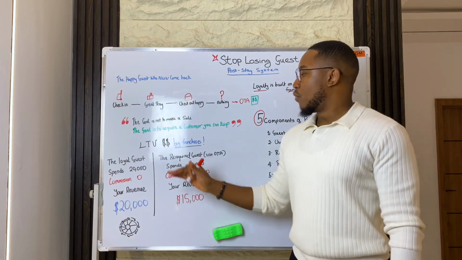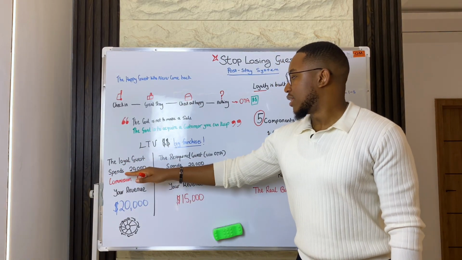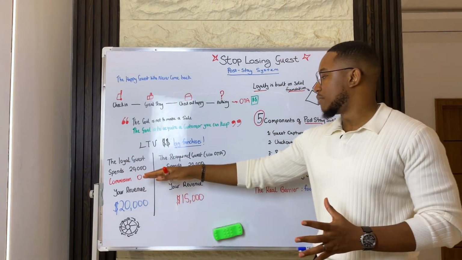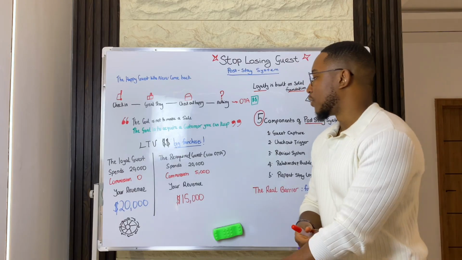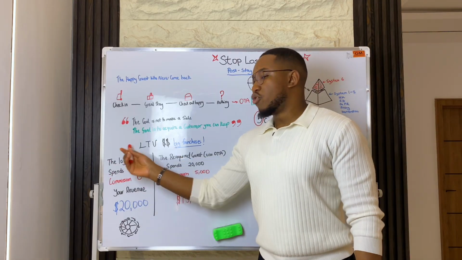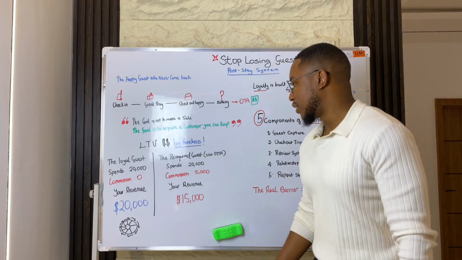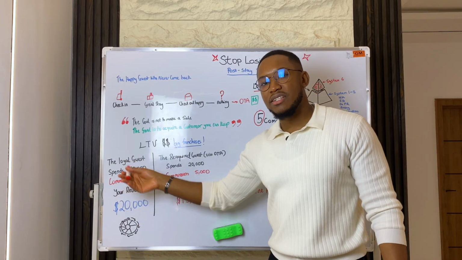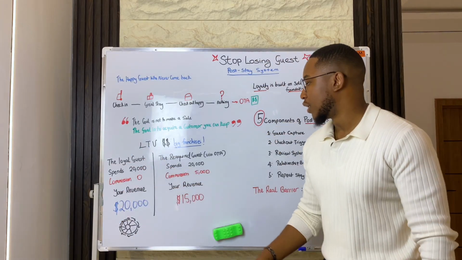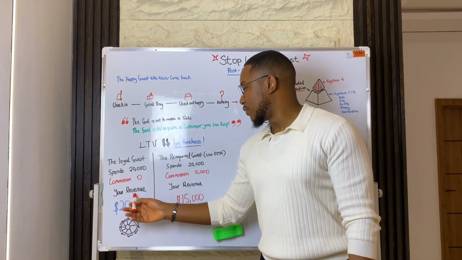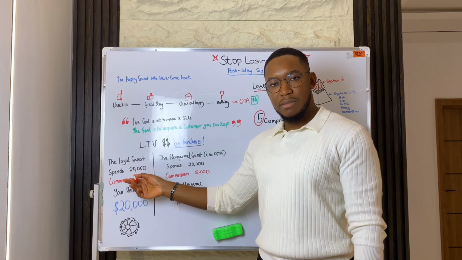In this example, we have a guest who spends $20,000, and that's basically the lifetime value of that customer. Within a certain period, they typically spend $20,000 at your hotel. Now, if they book directly with you because they're a loyal guest, you spend zero in commissions, right? So basically, you're not paying to reacquire this customer over and over again. Your revenue for this total period is going to be $20,000 because you're keeping all of that money.